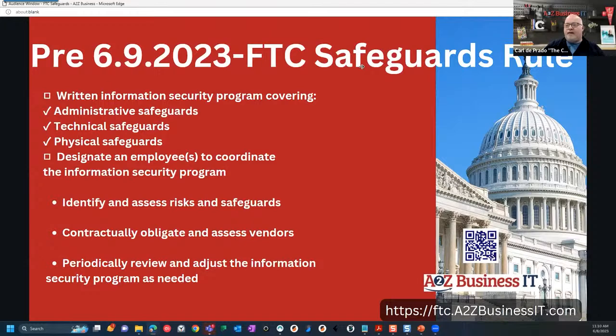You needed a designated employee or employees to coordinate the information security program. You identified and assessed risks and created protections around them. You needed to assess your vendors every once in a while, do a periodic review of your program, and adjust it accordingly.